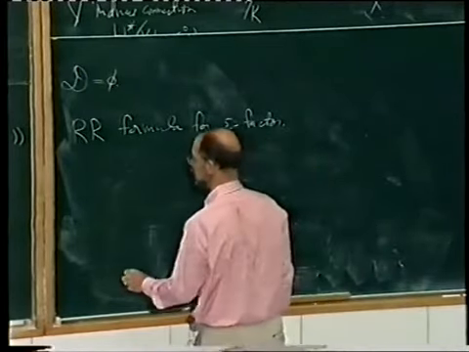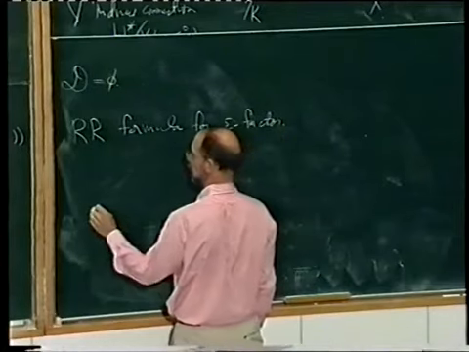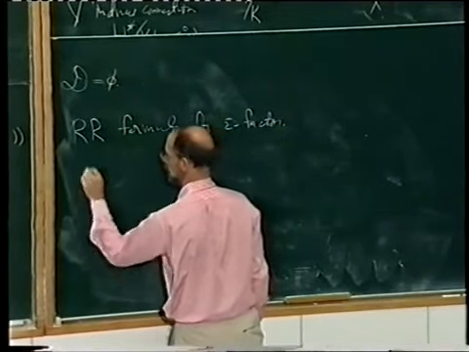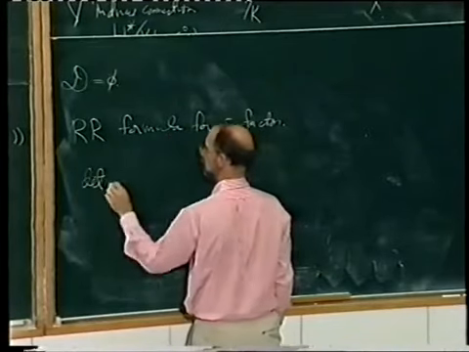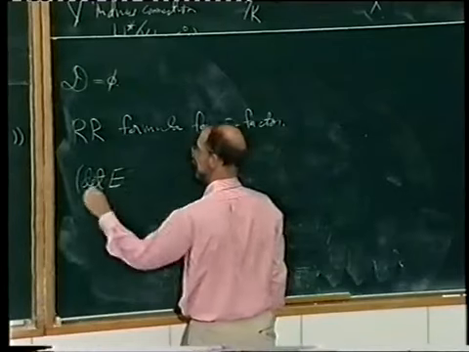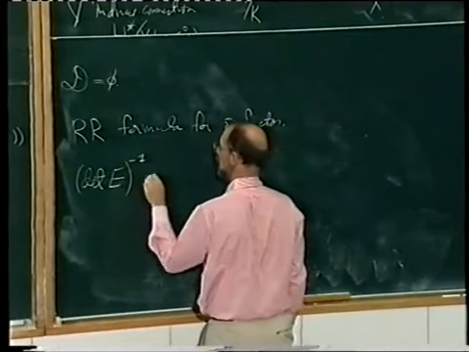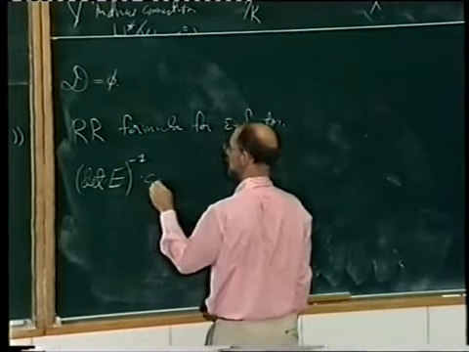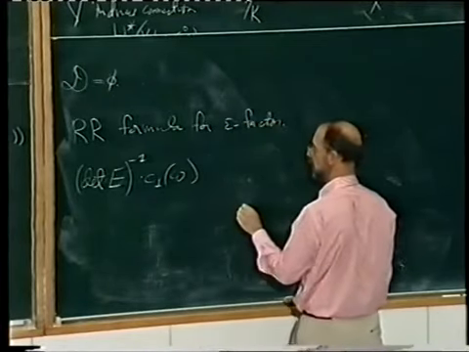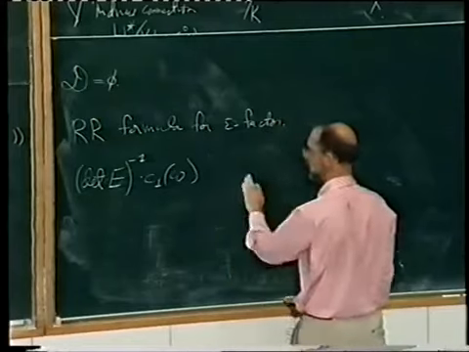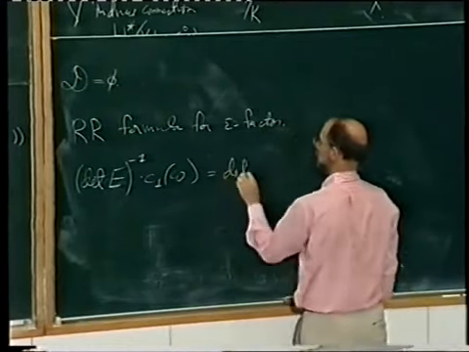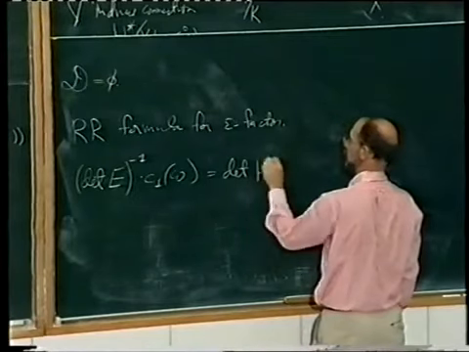And the formula is the following: you take the determinant of your sheaf E inverse, and you intersect it with a certain characteristic class, C1 of omega, whatever that means, and that is equal to the determinant of H star.